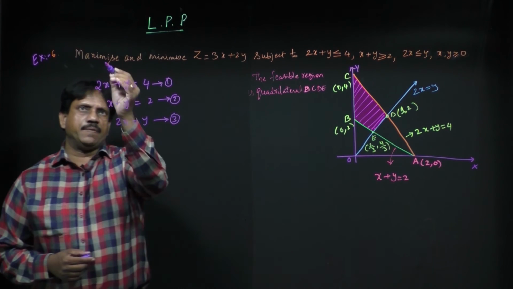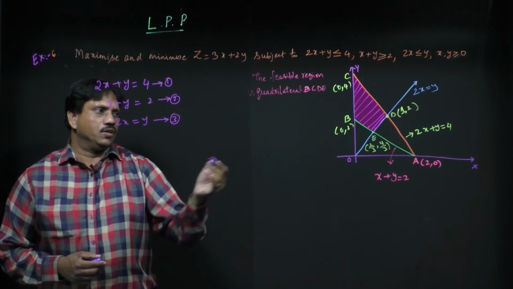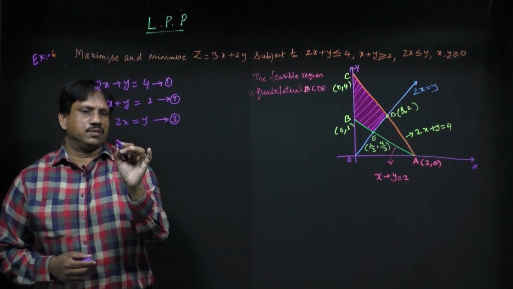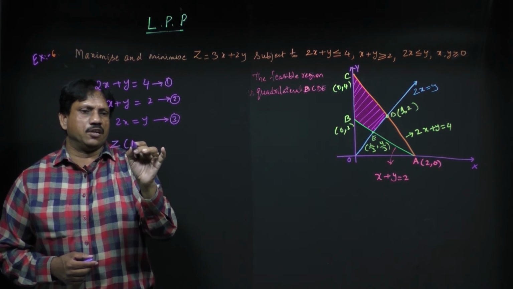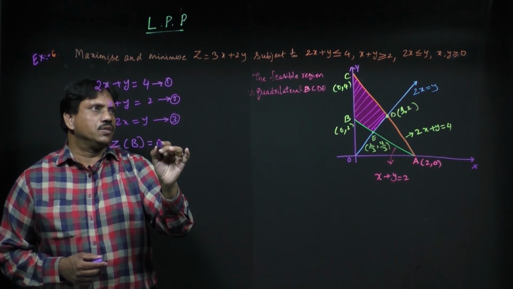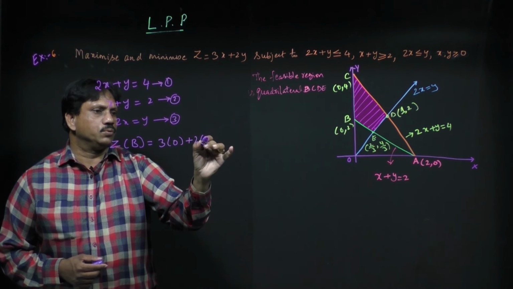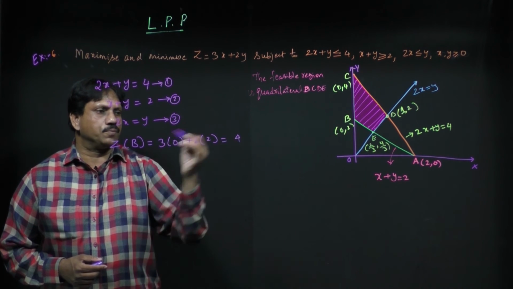Now we want to maximize as well as minimize z equal to 3x plus 2y. Now first I take the point B. Z of B you want to calculate. Z of B means 3 into 0 plus 2 into 2. Value is 4.